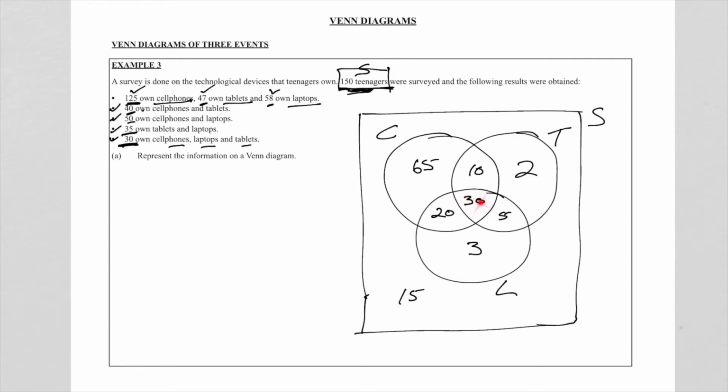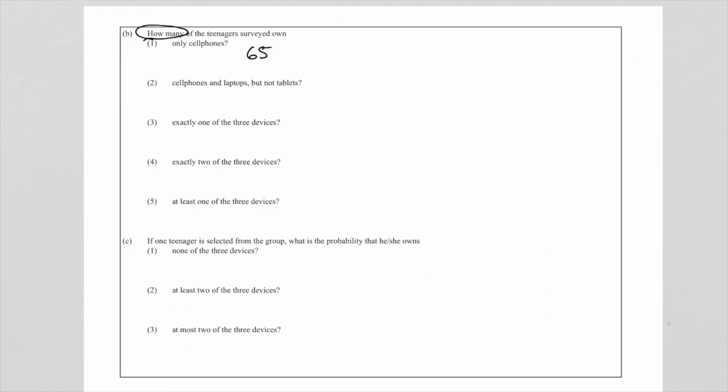So this is part of cell phones and laptops, but that is also part of tablets. And the question was cell phones and laptops, but no tablets. And I hope you agree with me, our answer will be 20. So if I go back, then I can say that this one must be 20. It's cell phones and laptops, but no tablets.